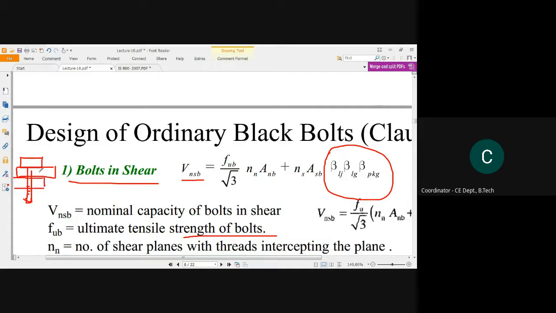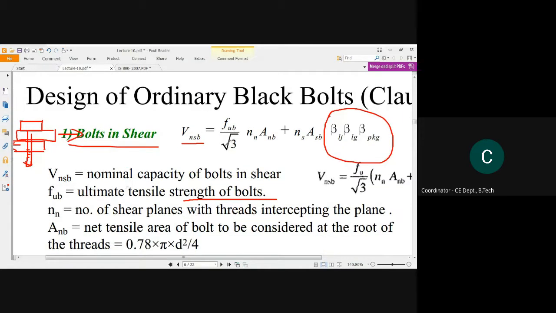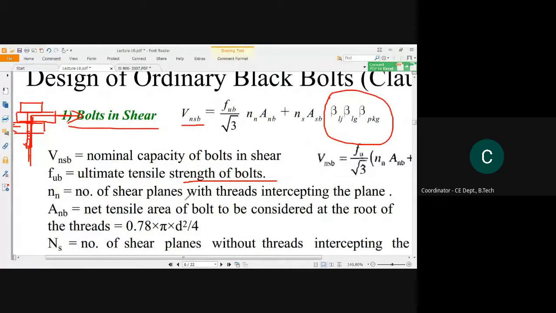So when a force is applied in this axial way, we need to know the ultimate tensile strength of this bolt, and multiplication as 1 by root 3. This NN is representing number of shear planes with threads intercepting the plane.